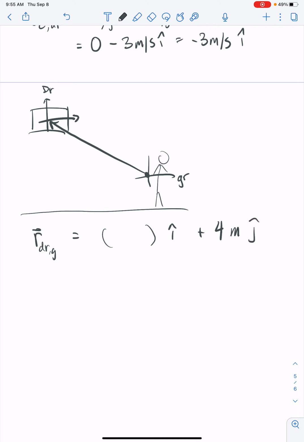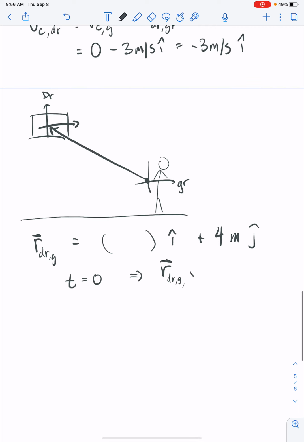And now we would like to write some equation for the i hat component, because we know that it's going to be a function of time, right? So at t equals 0, the i hat component of r, which we'll call r drone-ground x, is going to be negative 3 meters. That's what we found above.